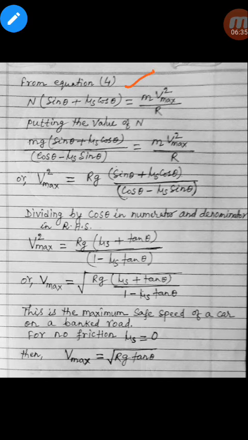From equation 4, N into sin theta plus mu s cos theta equal to m v max square by r.